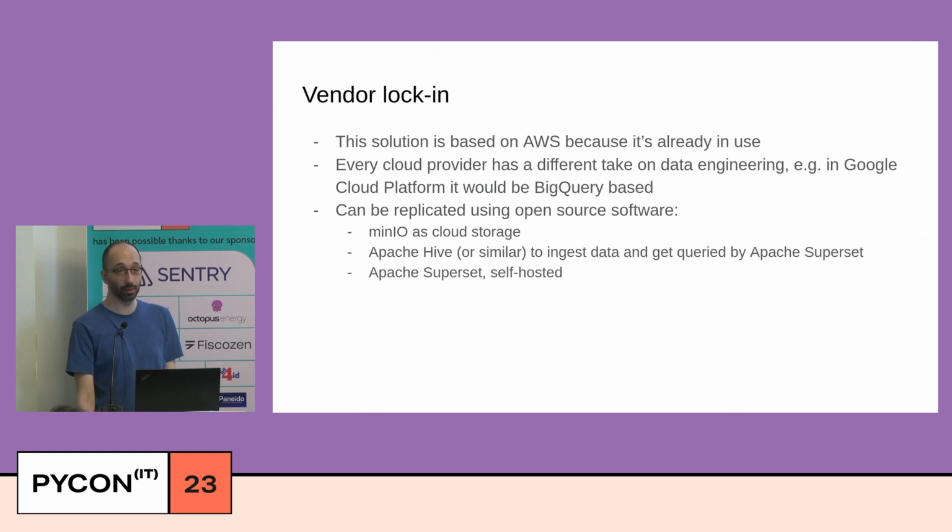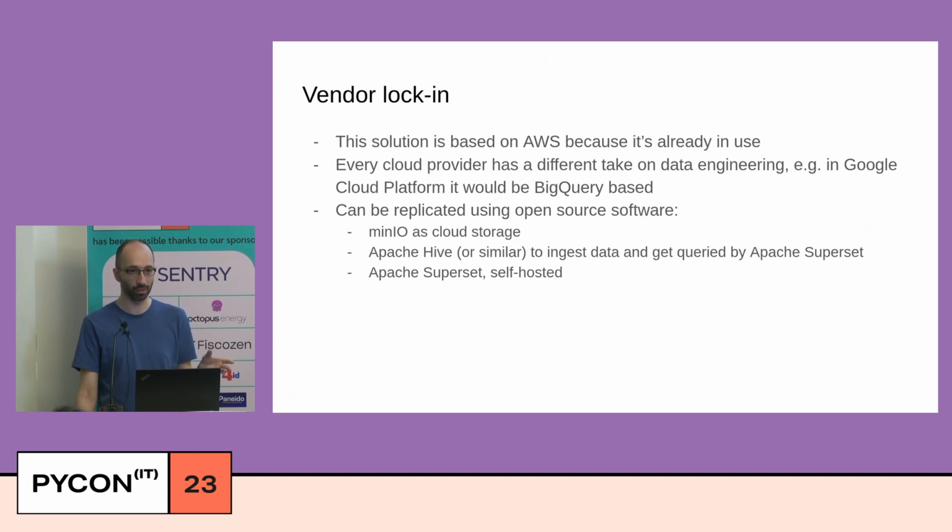Still, speaking about lock-in, if you have time and money to handle different infrastructure yourself, you can probably replicate all of this using only open source projects. So you can use MinIO as an alternative to S3 as cloud storage.